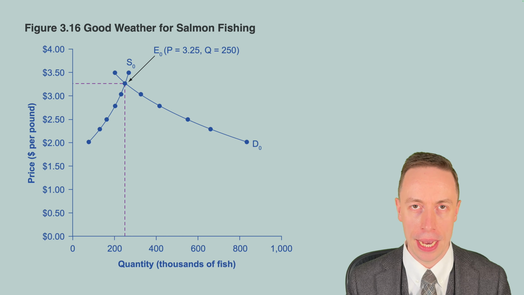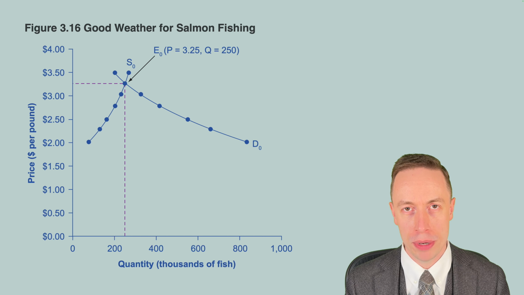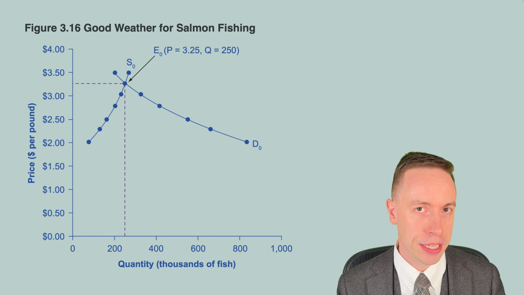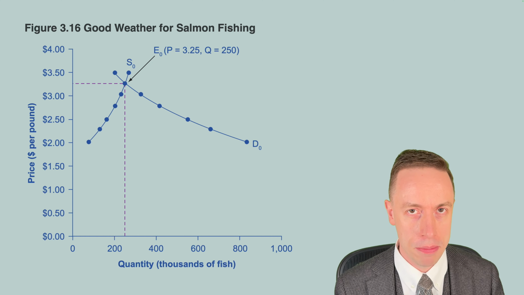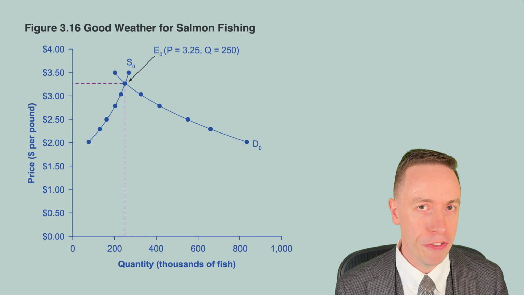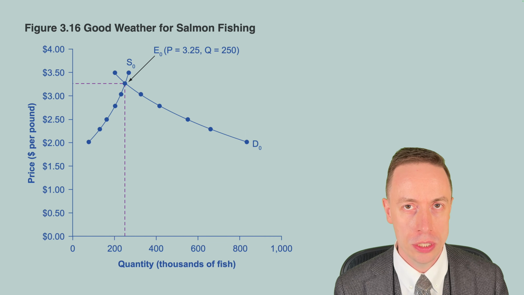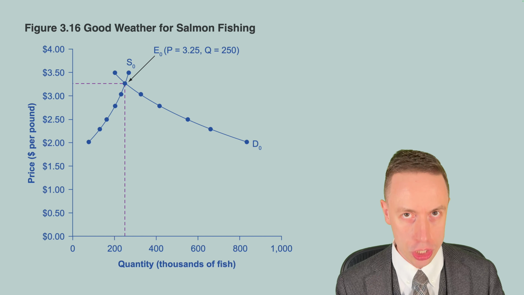Now we are being asked to predict the likely impact of an improvement in natural conditions. So, step number 2, let's go through that list of factors that can shift supply and demand curves. Where do we find changes or improvements in natural conditions? Well, that's a production side change.